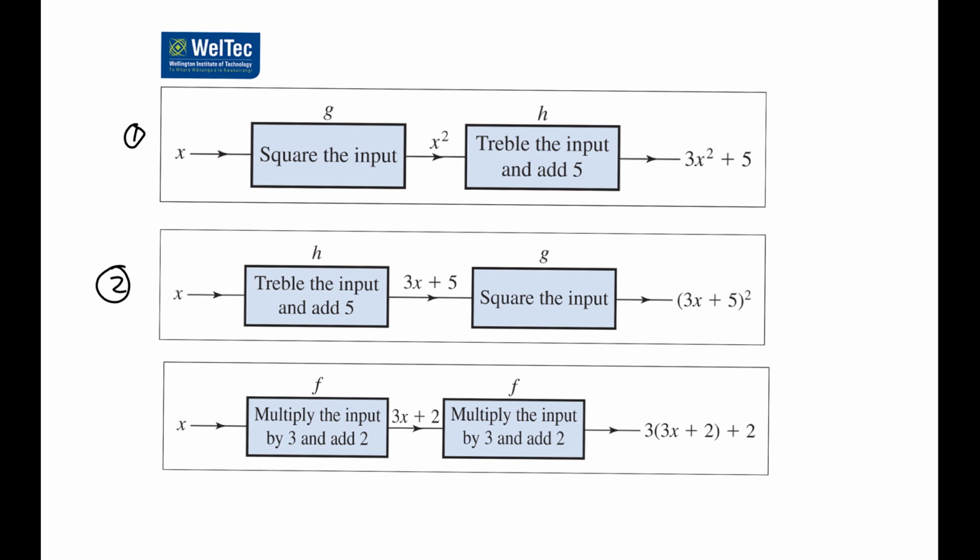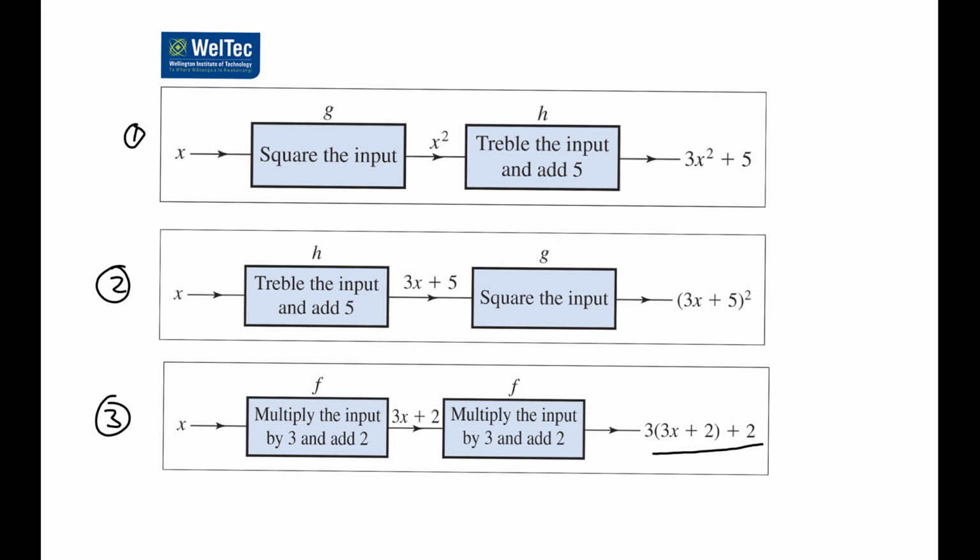We can actually also do a function on itself. So suppose our function f said, take your input x, multiply it by 3 and add 2. So that's 3x plus 2. And then we put it into the, if you like, f machine again, which says multiply the input by 3. So that's 3 times (3x plus 2), and then add 2. Now you could leave it like that, or you could simplify.